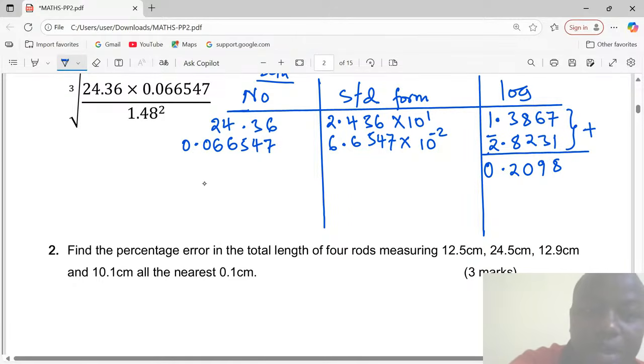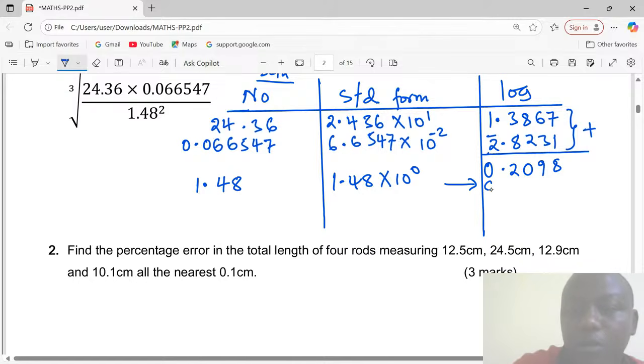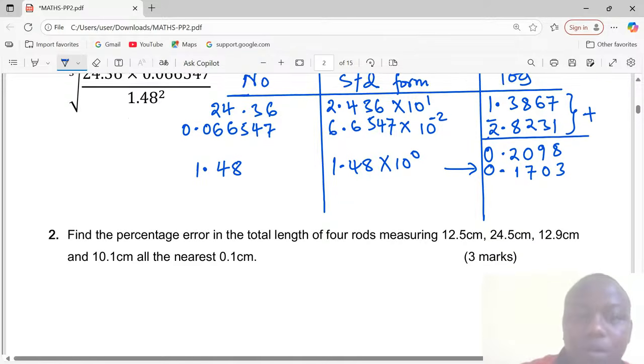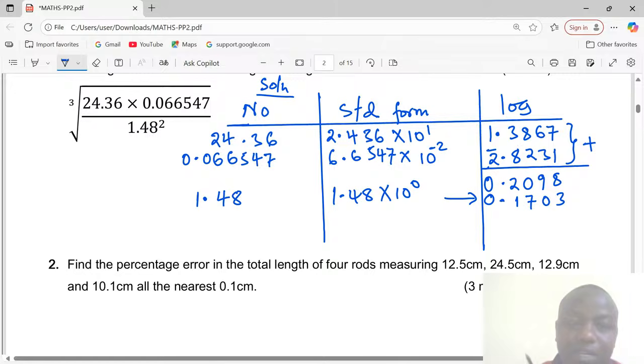At the denominator, we are having 1.48. So it's 1.48 times 10 power 0. So the log here is 0. We read the log from the calculator again. 1.48 is 1703. But now this number has been squared. Now that it has been raised to power 2, the logarithm should be multiplied by 2.